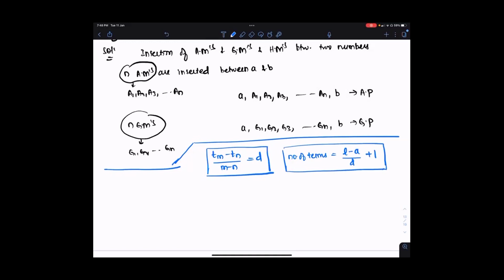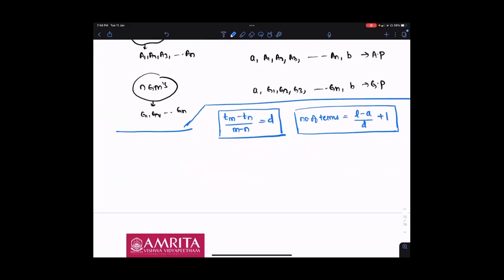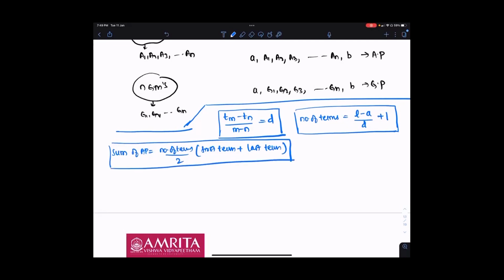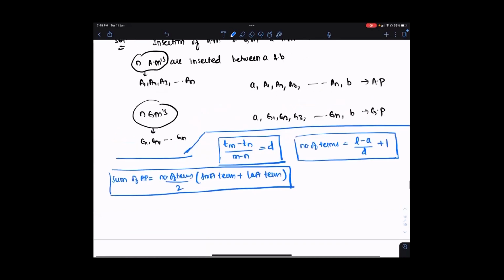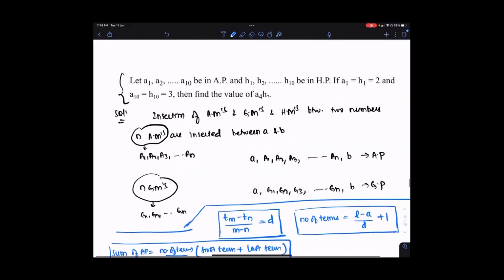And you are very familiar with this one: sum of AP is number of terms by 2 into first term plus last term. I know you are familiar with writing the formula n by 2 into A plus L, but there is a reason why I'm writing it like this. These formulas you remember. Now, let us come to solving this question.